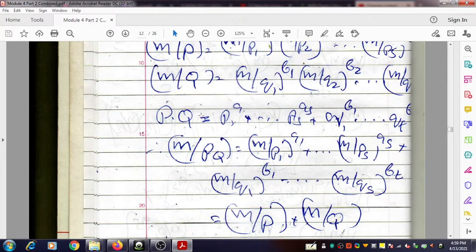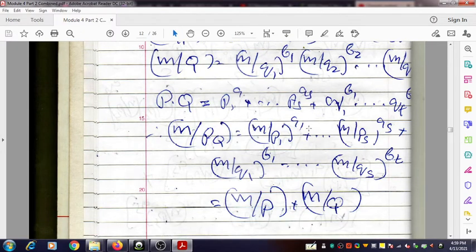Therefore (m/pq) can be directly written as (m/p1) raised to a1 into (m/p2) raised to a2 into etc. to (m/ps) raised to as, and as its continuation you can write the terms corresponding to the q values: (m/q1) raised to b1 into etc. to (m/qt) raised to bt.